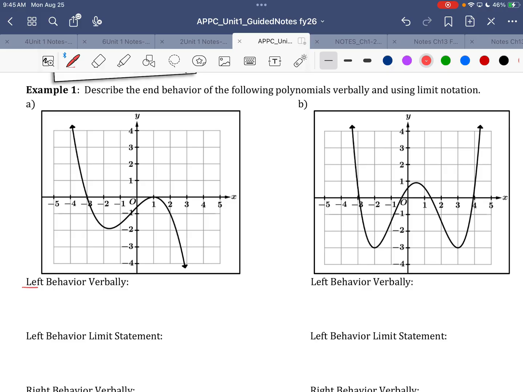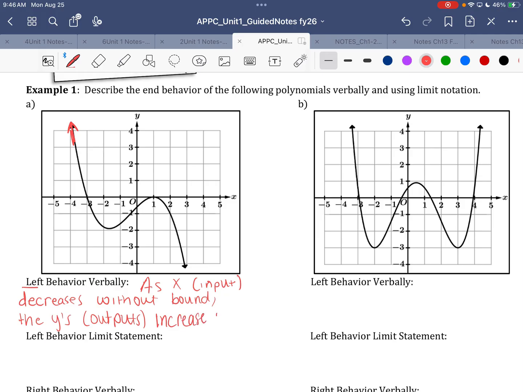Left behavior would mean as x, or the input value, decreases because it's going to the left without bound, the y's, the outputs, what are the y's doing as we go to the left? Increasing without bound.